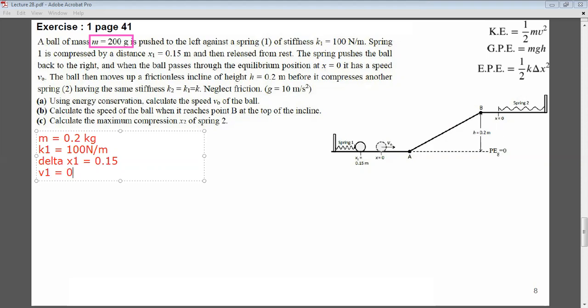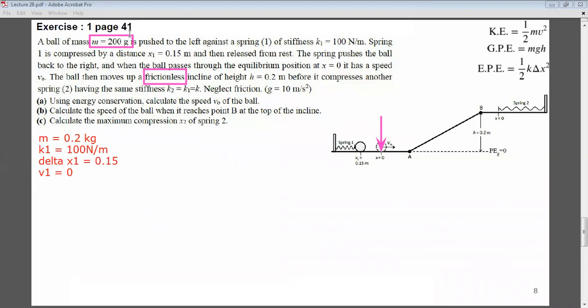The spring pushes the ball back to the right, and when the ball passes by the equilibrium position, when it reaches delta x equal to 0, it has a speed v0. The ball then moves up a frictionless inclined plane, so there is no friction, which implies we can apply conservation of mechanical energy. Of height h equal to 0.2.